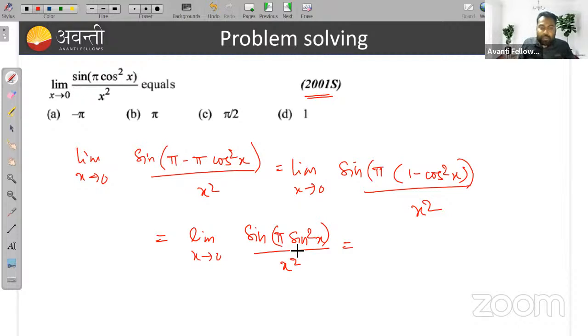If I multiply by pi sin square x and divide by pi sin square x, what will happen? Let's see.